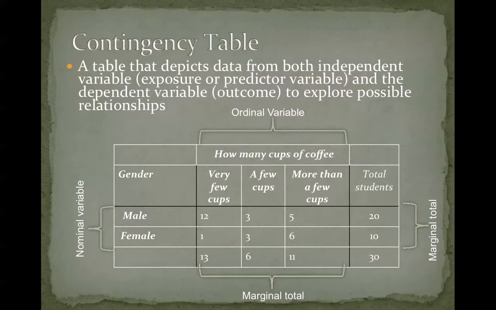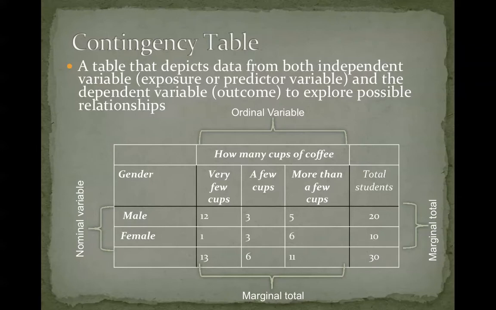Initially, I want to point out that the exposure variable, or predictor variable, I have here is gender. Say this is a research question looking at whether being a male has an impact on coffee intake rather than being a female. Or do males drink more coffee than females? Something along those lines.